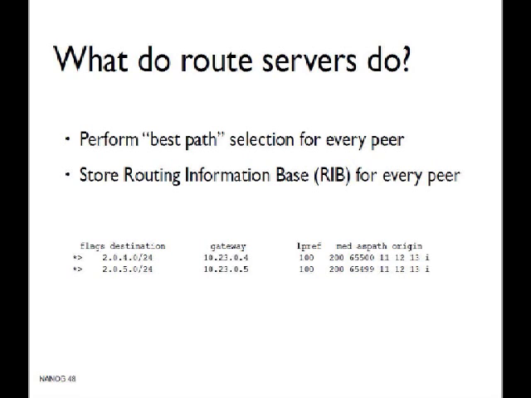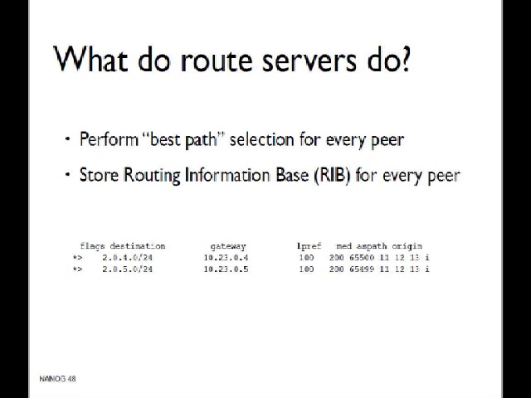So he would be lost on that one prefix completely. So what route servers do is they maintain a RIB per peer they have connected and do a best path selection for every single peer, taking into account their filtering options and what they would like to receive or not receive.